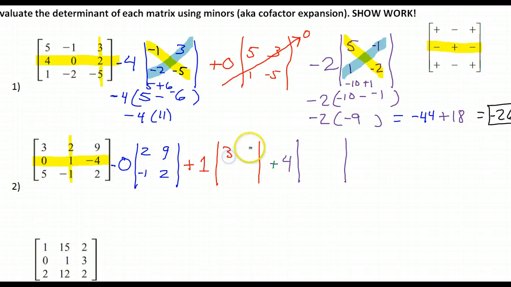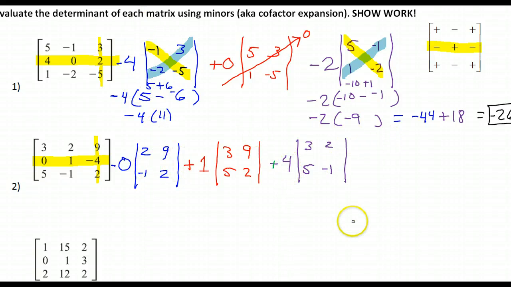Now let's do the 4, or the -4. That's this one. And that's going to leave behind 3, 2, 5, -1.